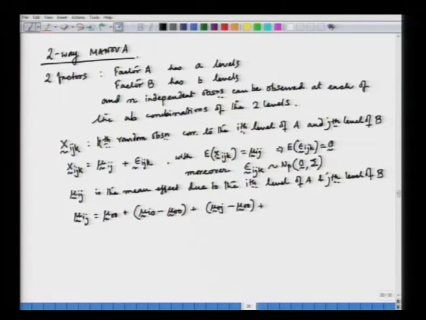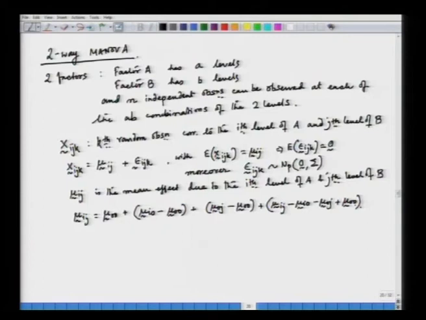Now, since I have already brought these factors, what is the adjustment that I have to do finally? I have to consider a mu ij here, then I have to take out a mu i naught, I have to take out mu naught j, and since the overall effect has come twice with a negative sign, I must put a plus mu naught naught here.